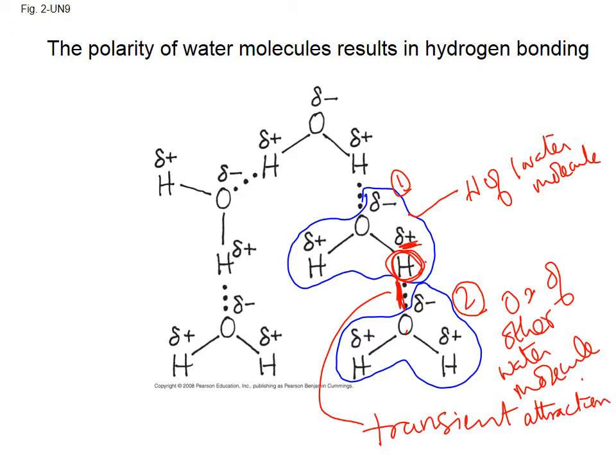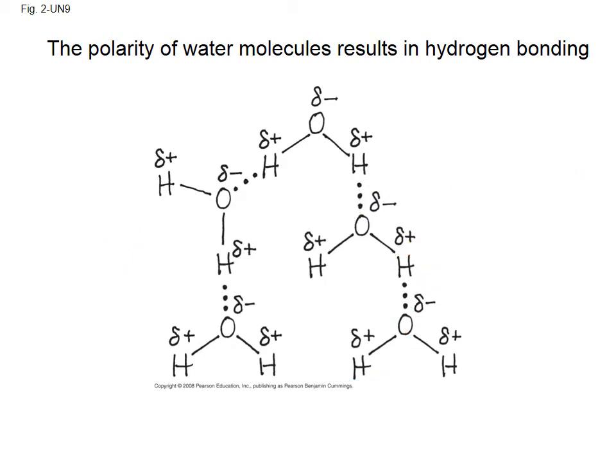Okay, so it exists for a very, very short period of time. But if there are millions and millions of water molecules, all of them get attracted at a certain point, and then the bond makes and breaks. The bond exists for 1/1000th of a second, which is what gives you this hydrogen bond.